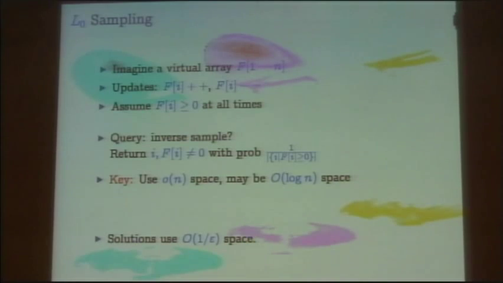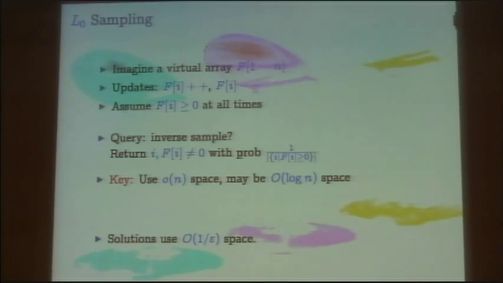Over the last 10 years, there's been a lot of theory around the sampling, but this is a good enough sample for me to do the argument I want to do here, which is, you see n items, and so there are increments and decrements. At any given moment, there are certain non-zero items, and you'll be asked to get a sample. And you want the sample to have the property that the non-zero items are sampled uniformly. Obviously, this data structure problem has a property that at any given moment, you could have a large number of items, and then everything gets removed, and you have a small number of items eventually.